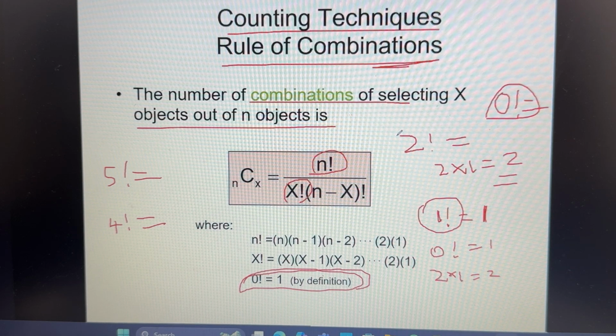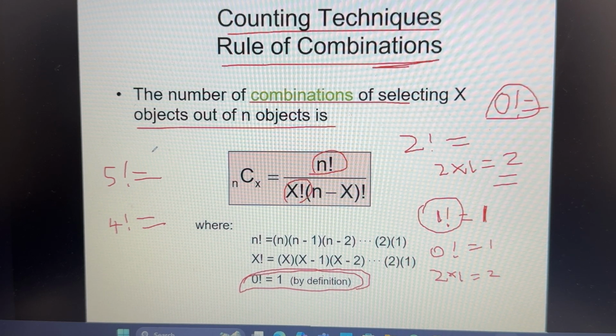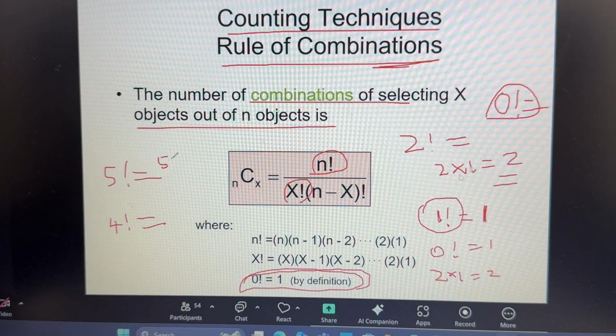Now, if you don't understand this, then you can't find the binomial distribution. What about the 5 factorial? 120, sir.